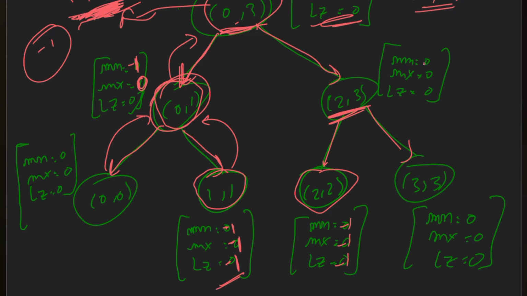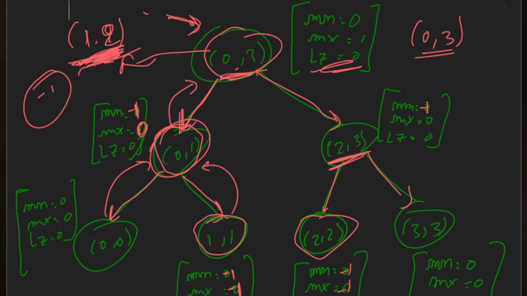So it will update its minimum, maximum and lazy: minimum is minus 1, maximum is 0. And from here 0 comma 3 will also update its minimum and maximum. It takes the minimum from both children, which is minus 1, and the maximum of 0 comma 0, that is 0. Okay, so we have updated all the ranges.